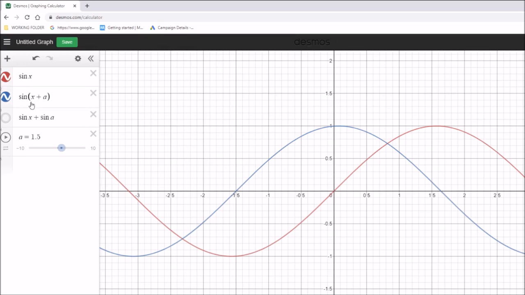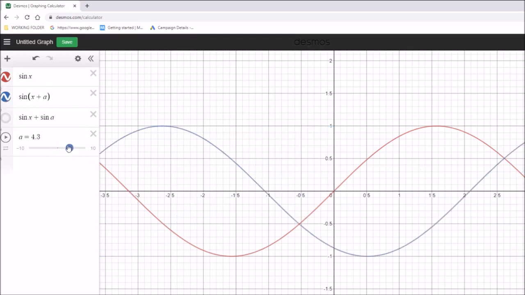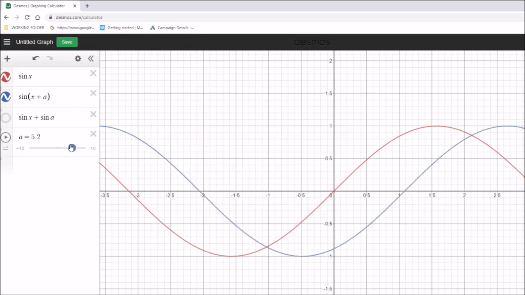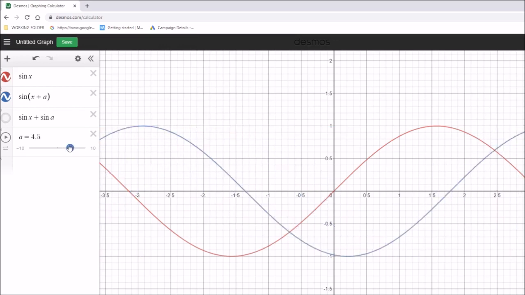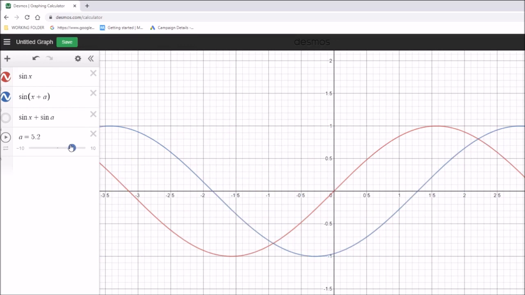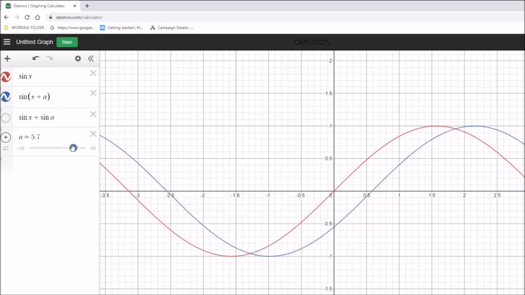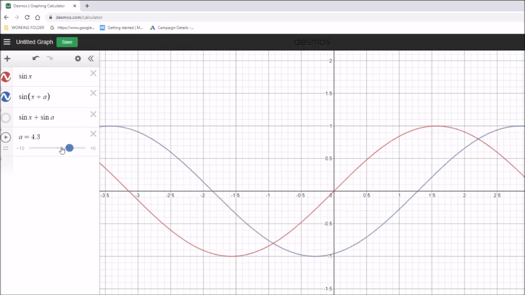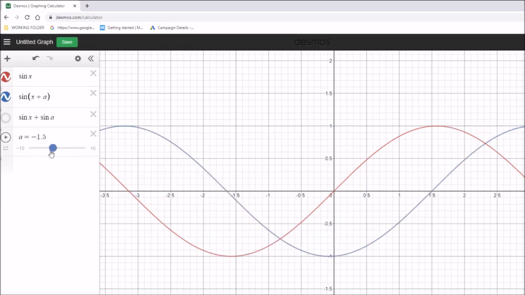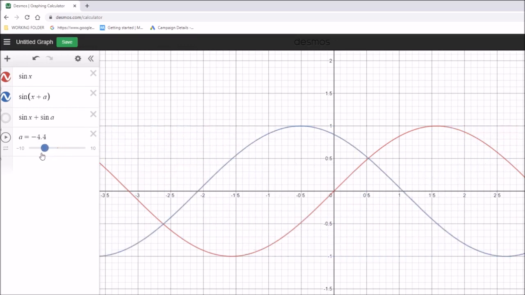So all this is going to do is shift the sine function left or right. So let's go ahead and we'll move that just now. There we can see that that function is now getting shifted. So as a is positive, the function is going to get shifted to the left, and when a is negative, the function will get shifted to the right.